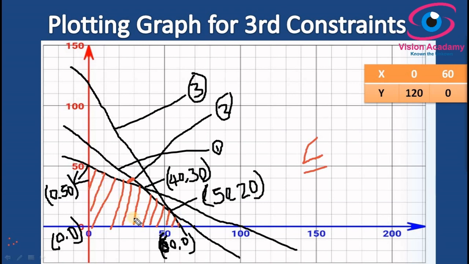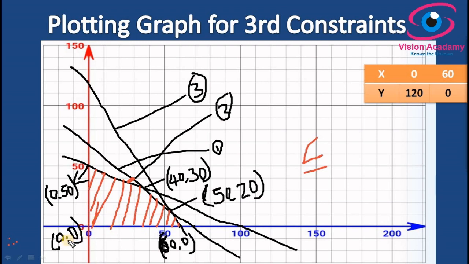So this is the right feasible region considering all three constraints. All the constraint inequality conditions are fulfilled this way, which means this is the feasible region.